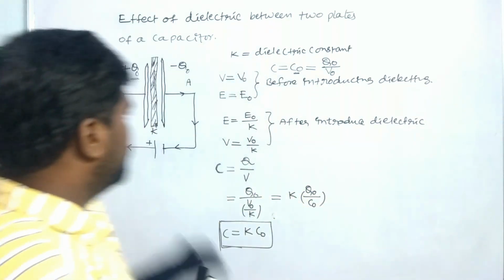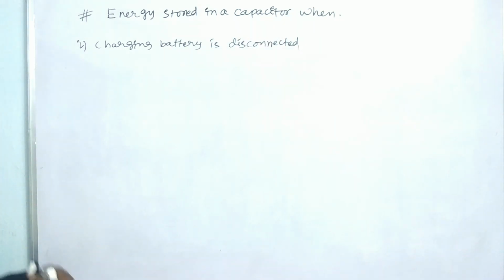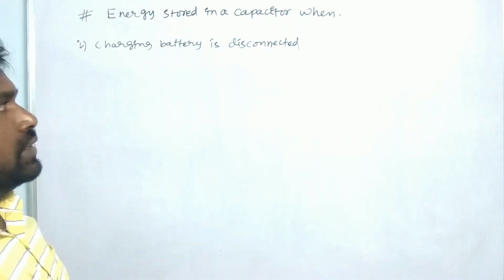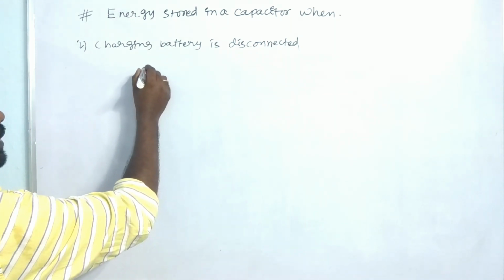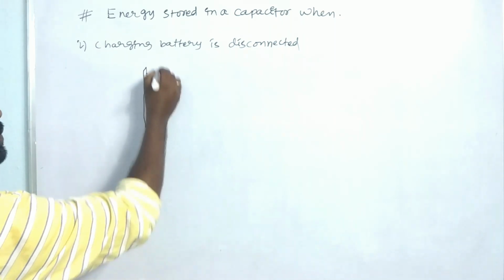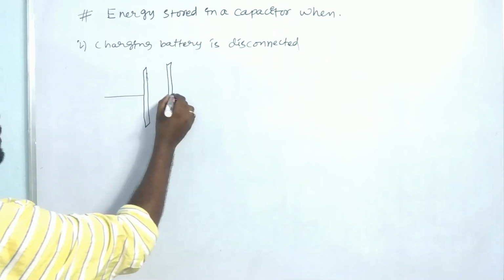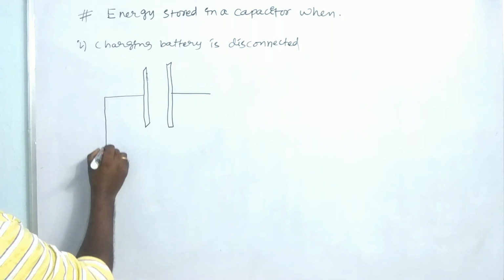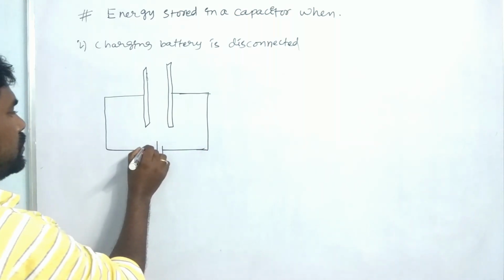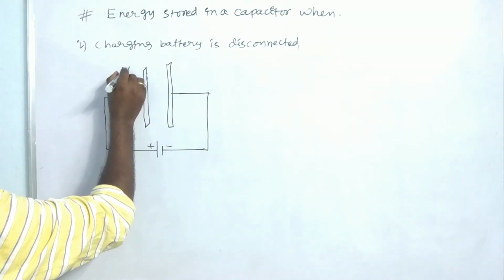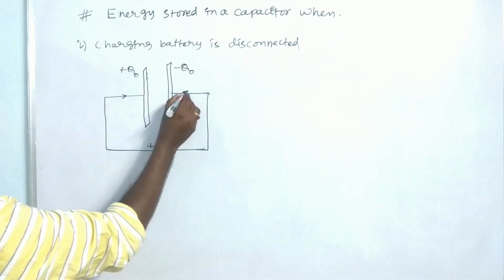Now we have to see the energy stored in a capacitor when the charging battery is disconnected. At first, there are two parallel plates of a capacitor, and there is no dielectric at first. This is the positive and negative: it has positive charge Q naught and negative charge Q naught.